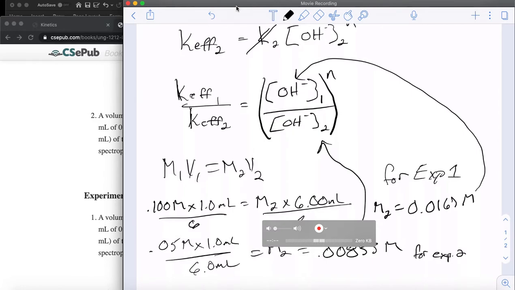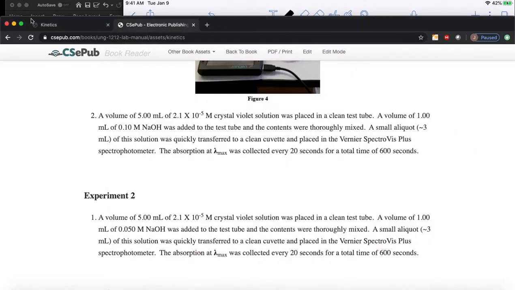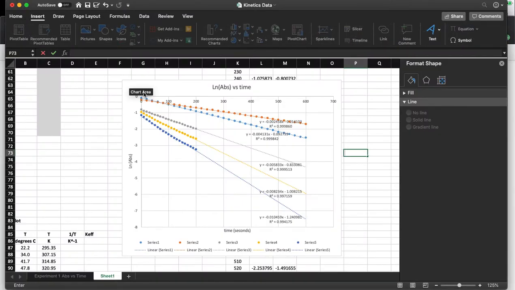And then for my K effective 1 and K effective 2, I go back to the Excel data that we've generated previously. So here's our Excel plot. Remember the blue is experiment 1, so K effective 1 was 0.00413.